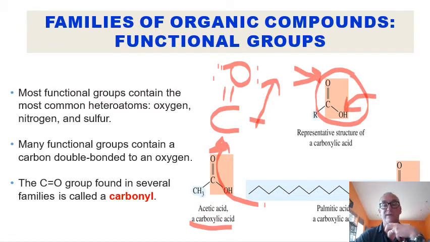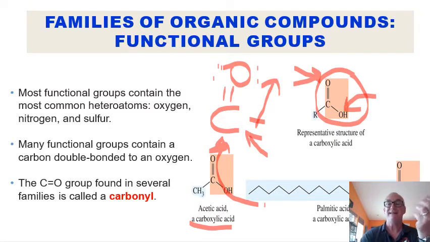The oxygen withdraws electrons from the carbon and makes this carbon even more positive than it would be otherwise. And because now this carbon is even more positive than it would be otherwise, with a partial positive charge, that makes this oxygen in the hydroxyl group even more partially negative than it would be otherwise, and makes it more reactive.